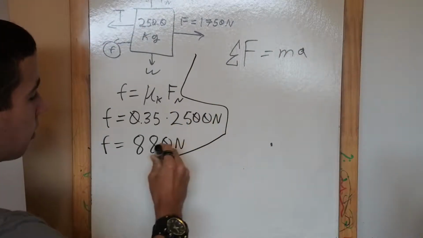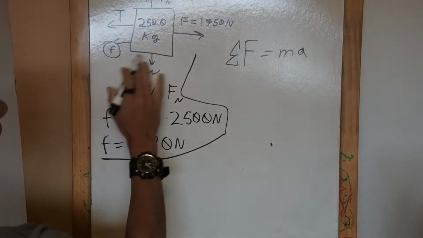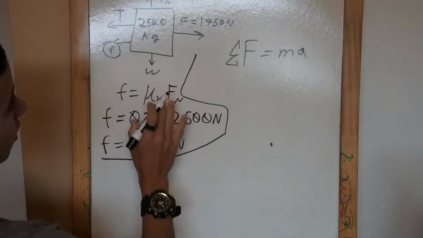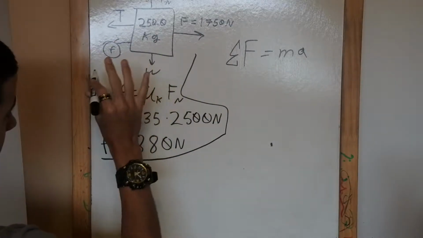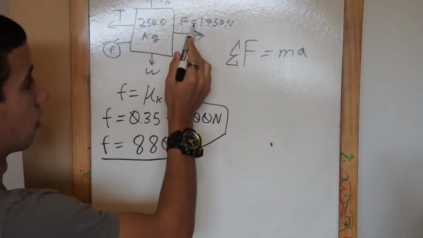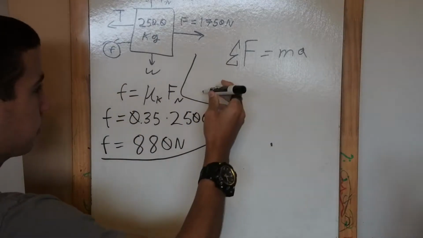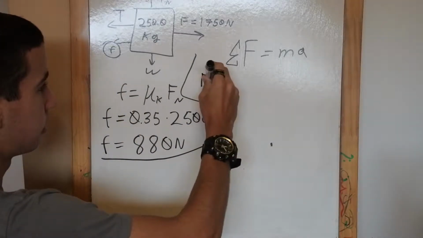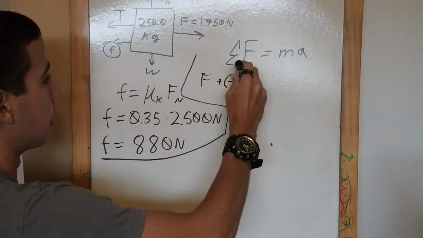So I want to box this stuff off so I don't get confused by it. We've got 5 forces here. In this case, we're only going to look at the left and right, because that's just the x dimension, the horizontal dimension. So we're going to look at the force of the pull, the tension, and the frictional force. So the force of the pull plus the opposite of tension.